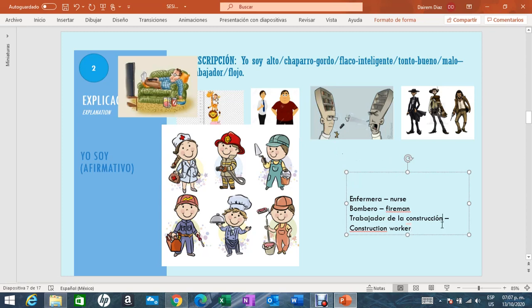Albañil, with ñ. I'm trying to get the ñ from the internet again. There you go, albañil. Construction worker.